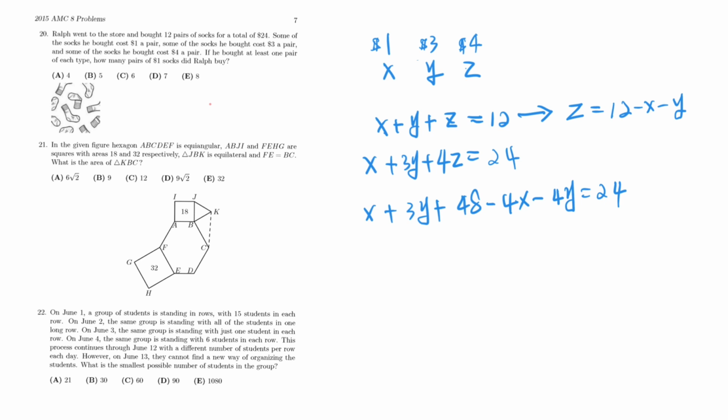Now move all the constants to the left side. 48 minus 24 equals 3X plus Y. So 24 equals 3X plus Y. 3X is a multiple of 3, and 24 is still a multiple of 3, that's 3 times 8.